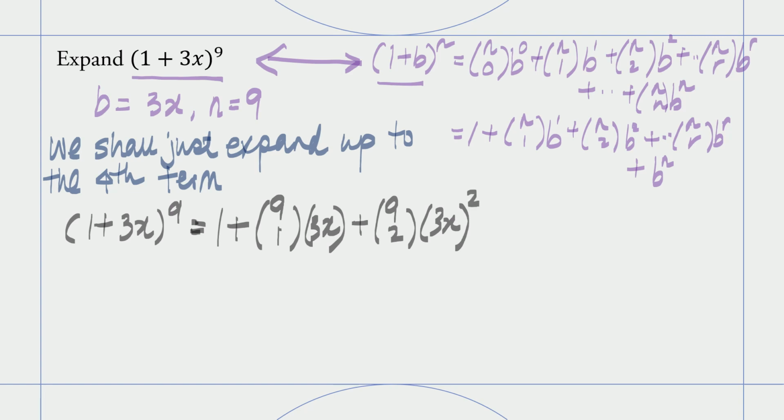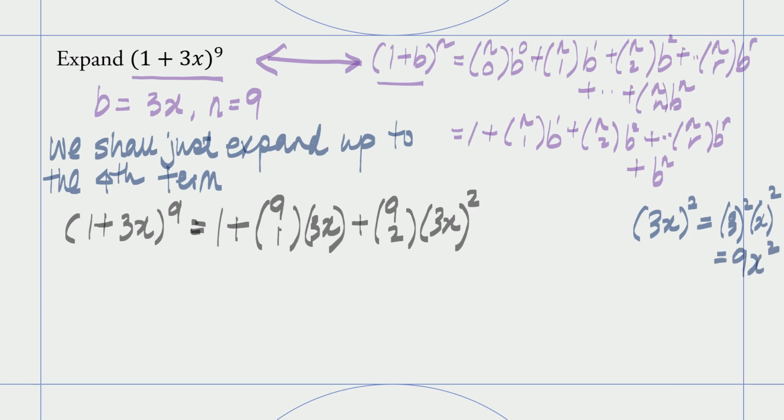All right, here I need to sidetrack a bit, the importance of putting a bracket, because you are actually squaring the whole 3x. So what you get here is bracket 3 to the power of 2 and then x to the power of 2. You should get 9x squared here.